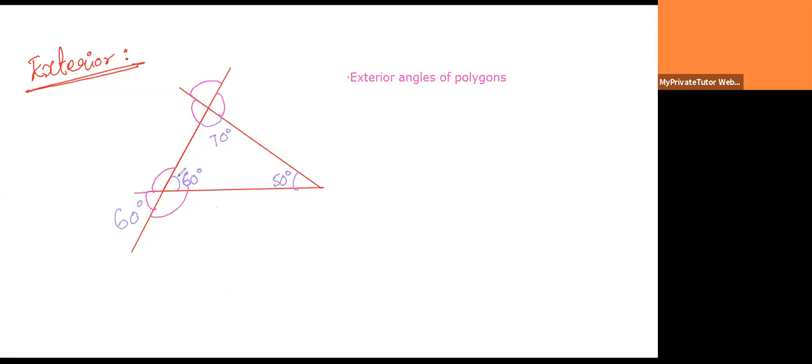This looks like a complete circle here, which means 360 degrees. So 60 plus 60 is 120, take away from 360, we are left with 240. Which means this angle is 120 and this angle is 120.